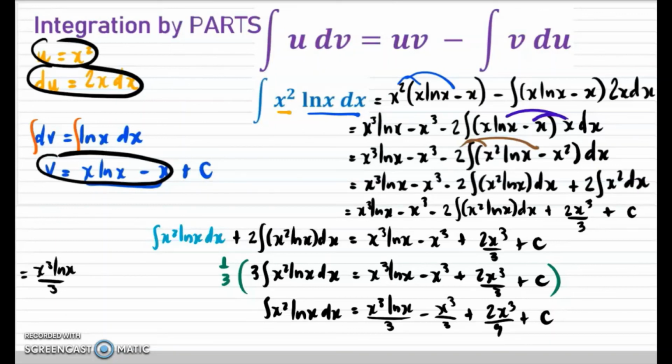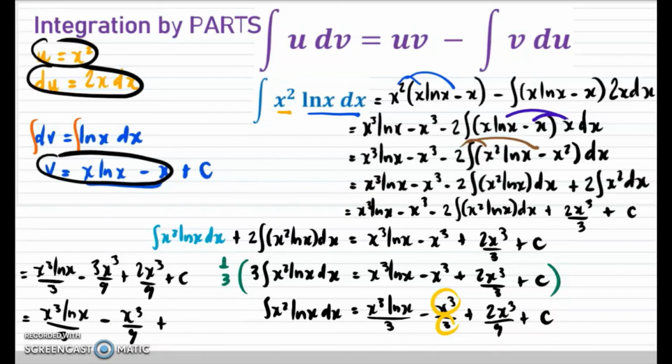Let's write them both as over 9. So that means for x cubed over 3, we will multiply each part by 3 so that the denominator becomes 9 also. So we have minus 3x cubed over 9 plus 2x cubed over 9 plus c. Then our final answer is x cubed ln x over 3, just a minus 1x cubed only. So minus x cubed over 9 plus c.